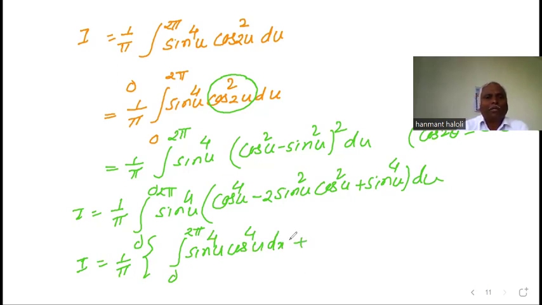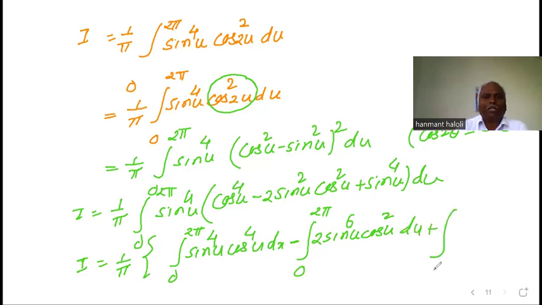the middle term is minus, integral again 0 to 2 pi, 2 times sin raised to 4 and here 2 we get sin raised to 6u into cos square u du, plus integral 0 to 2 pi.